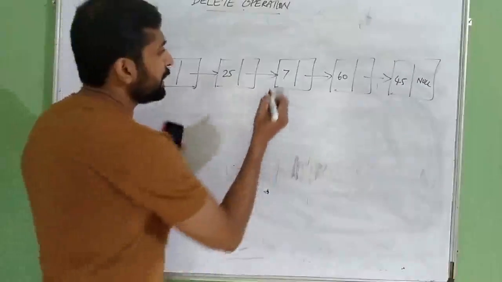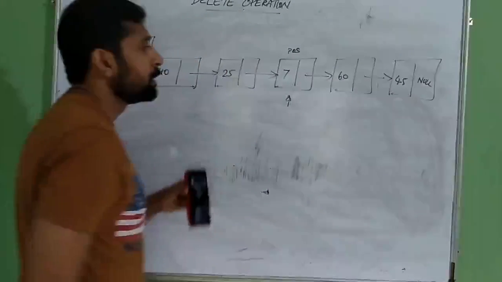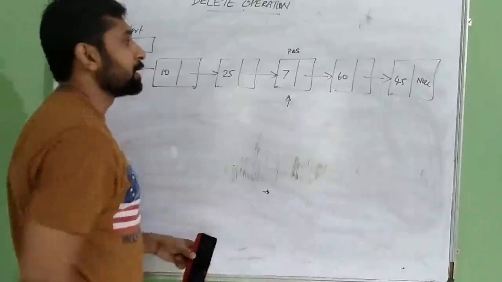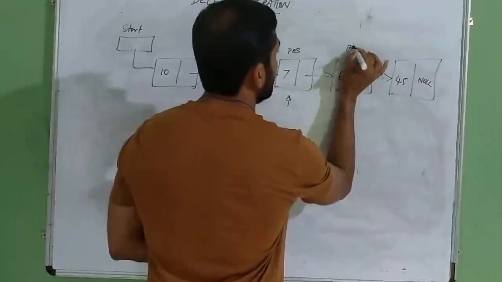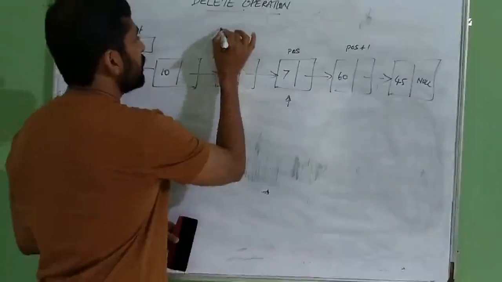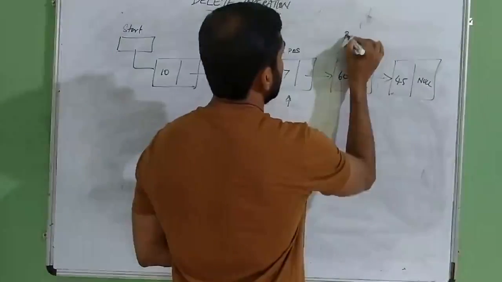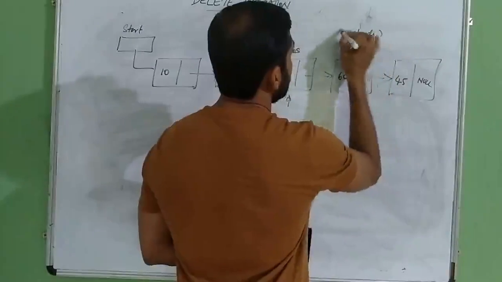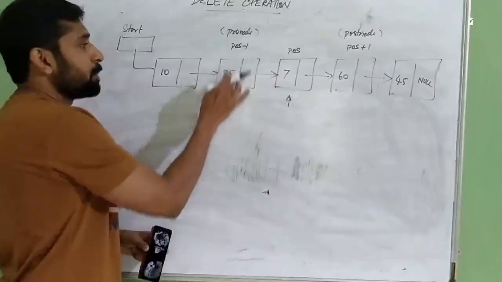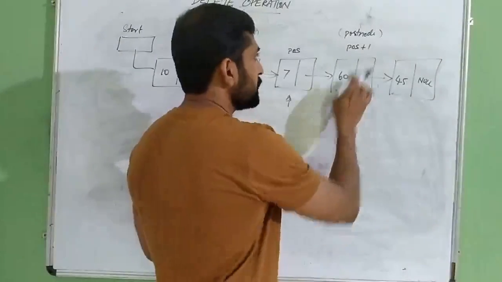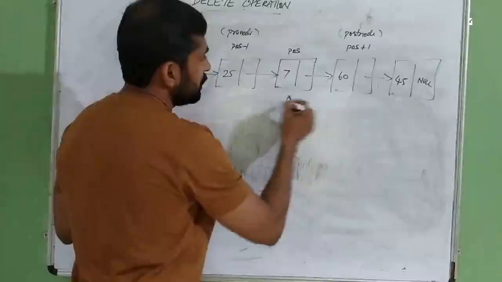Now suppose we want to delete a node at POS. We want to delete this node. What we have to do is traverse through the linked list and identify the nodes at POS minus 1 and POS plus 1. So this will be stored in pre-node, and here we have post node. 2 pointers, pre-node and post node. Pre-node contains the address of this node at POS minus 1, and here post node contains the address of node at POS plus 1. Now we want to delete this.